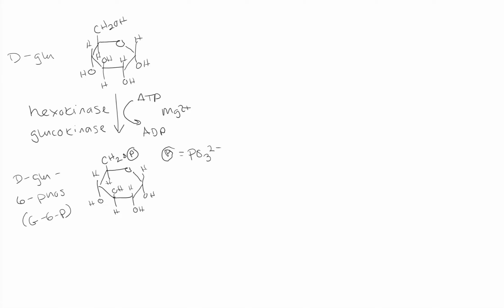So glycolysis is ultimately designed to make ATP, not consume it. However, the hexokinase is one of the 2 priming reactions. So I'm going to write that in here specifically. This is a priming reaction, requires ATP investment.